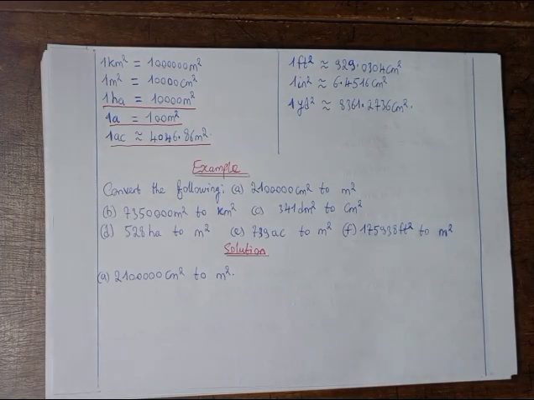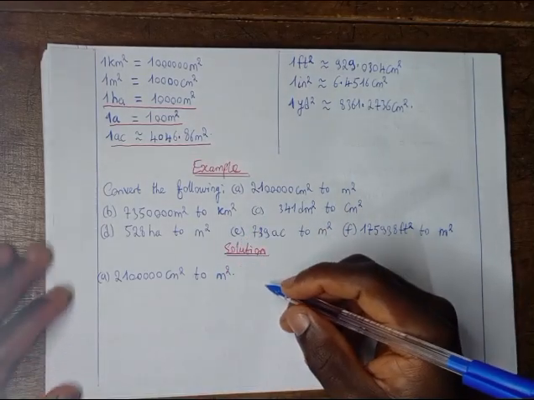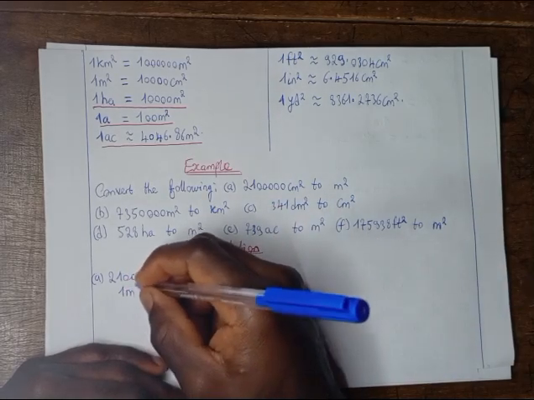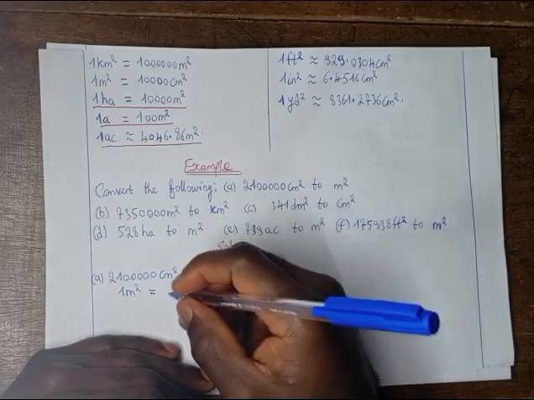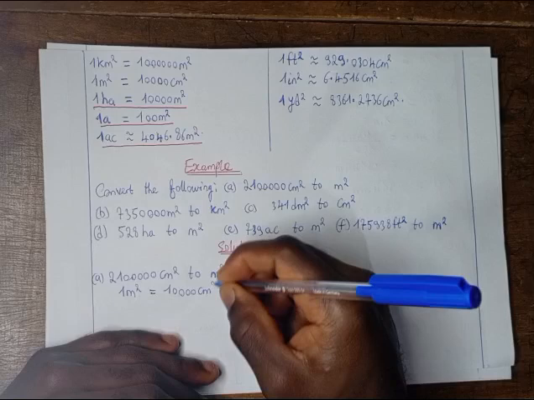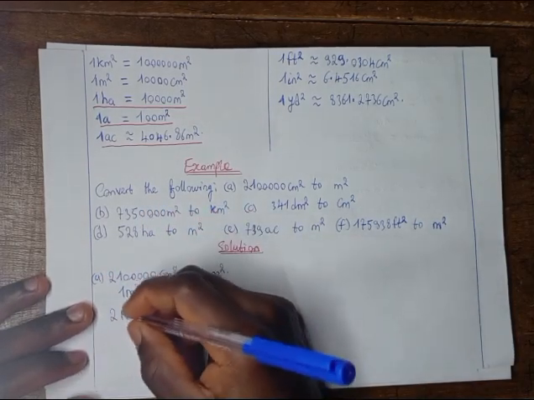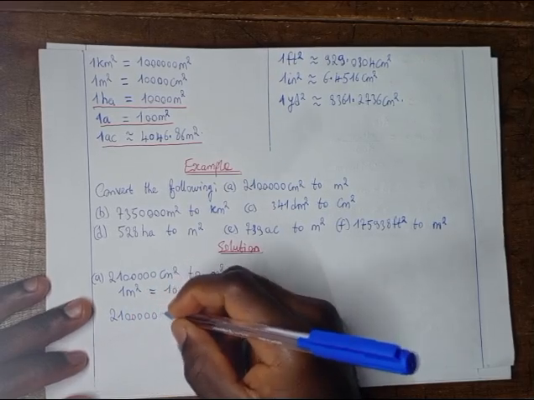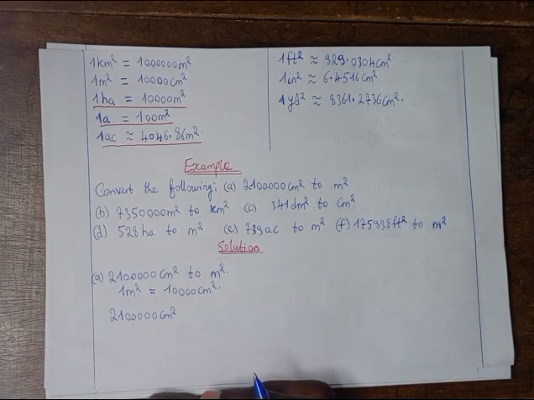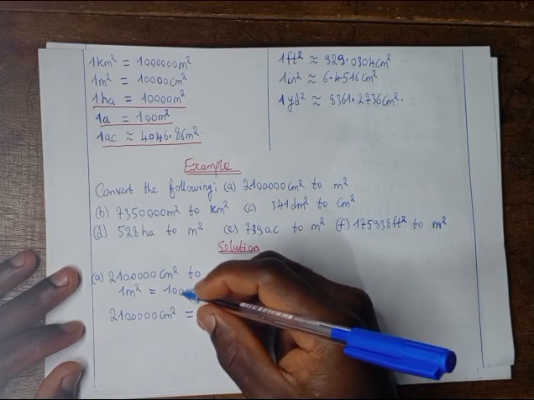First thing for us to do this conversion, we know that 1 meter squared is equal to 10,000 centimeters squared. For us to convert 2,100,000 centimeters squared, we are changing from a smaller unit to a higher unit. In this case, we are going to divide by this constant, which is 10,000.